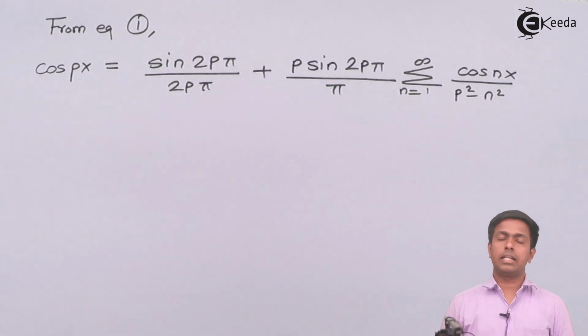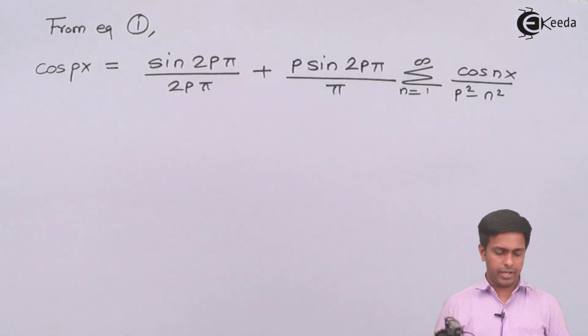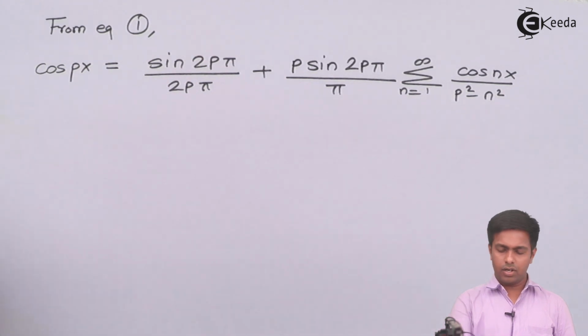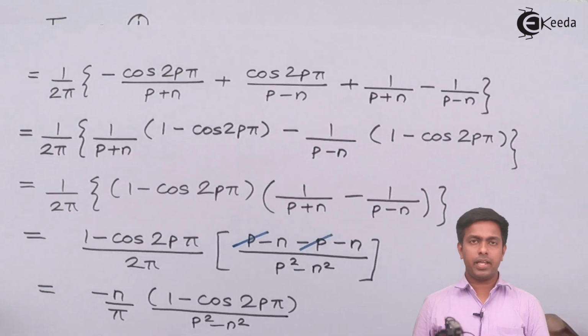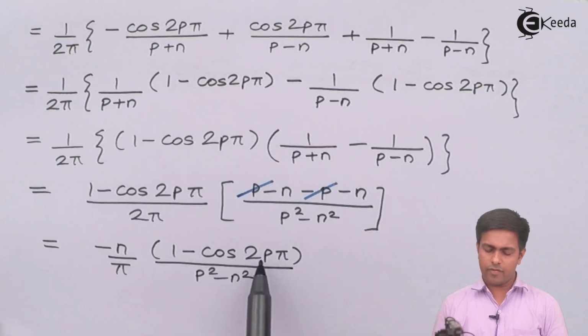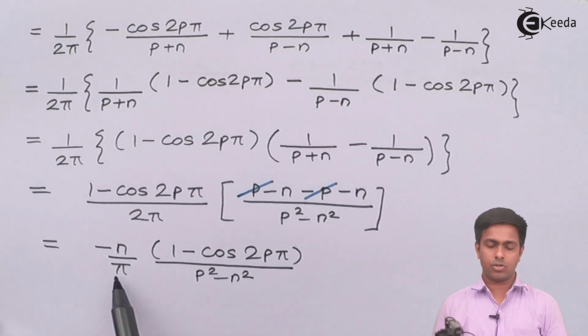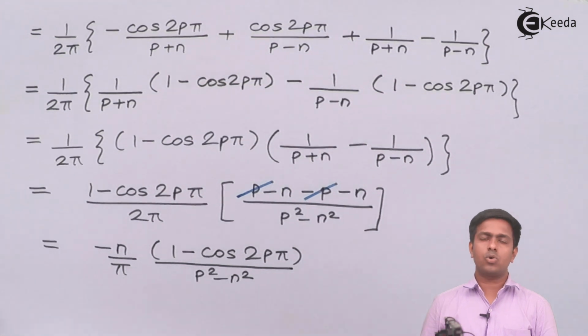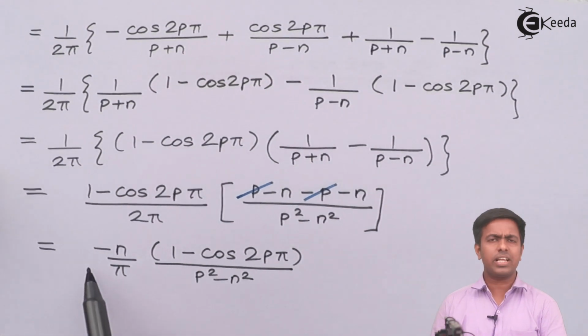Similarly, let's put the value of bn. So here this is the value of bn, in which this term does not have n, this term does not have n. So I can take these two terms outside the summation, and also the negative sign.